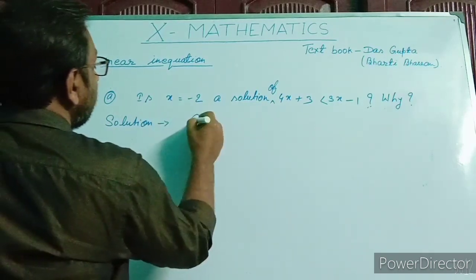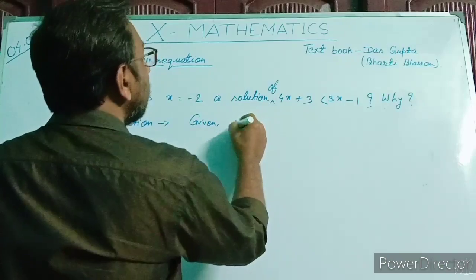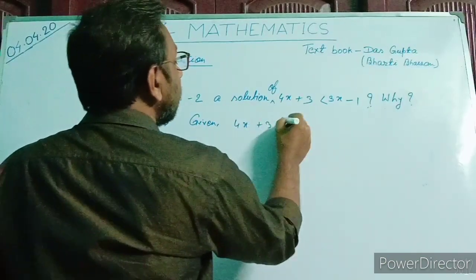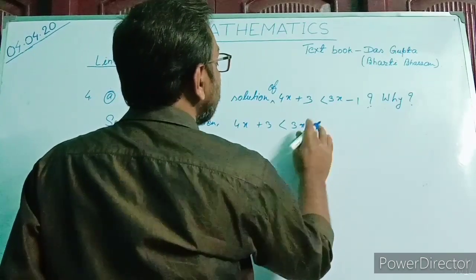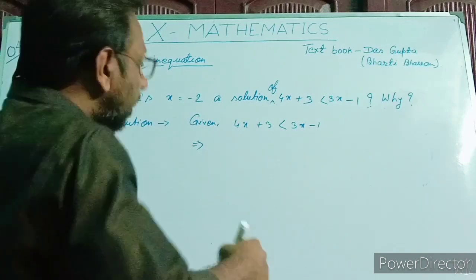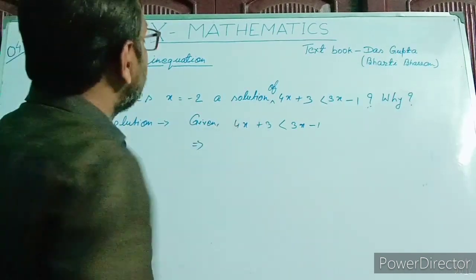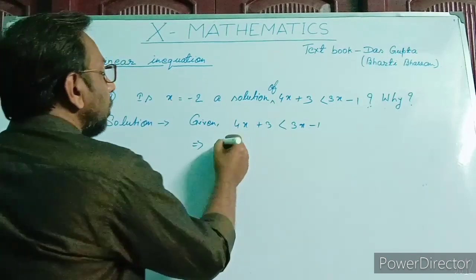First of all, write what is given: 4x plus 3 is smaller than 3x minus 1. Now we will get the value stepwise, we will isolate x. See how.